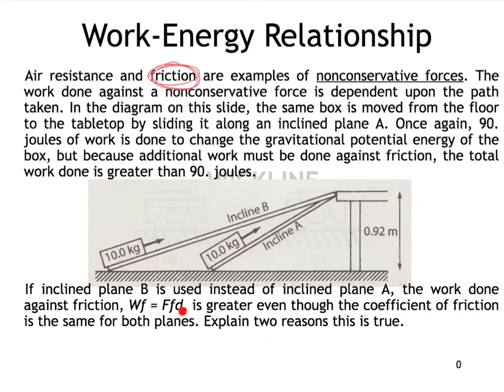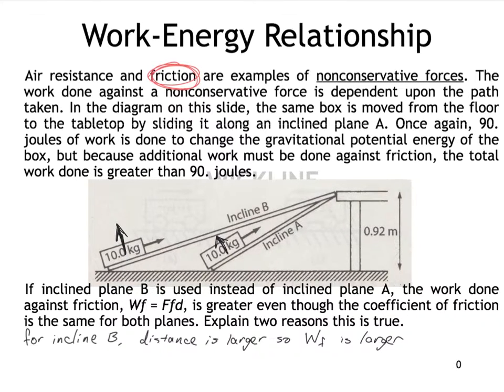So in incline B, the distance is larger, which means the work done against friction is larger. And there's another reason for this as well. When you are looking at incline B, you can judge how much frictional force there will be based partially on the normal force. And the normal force for this one is going to be larger than the normal force for this one.